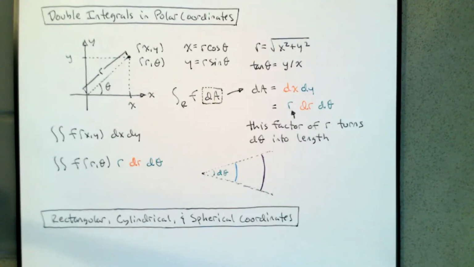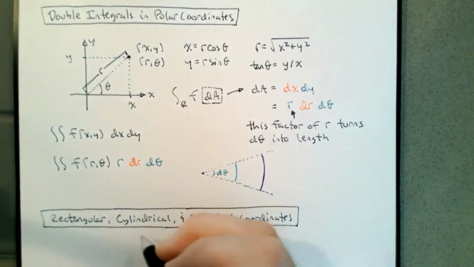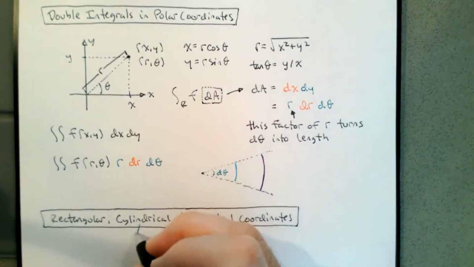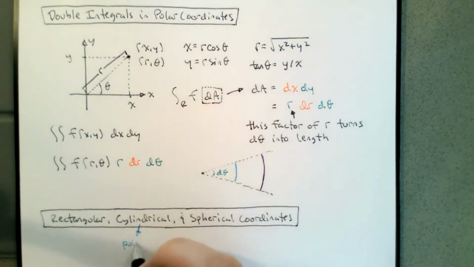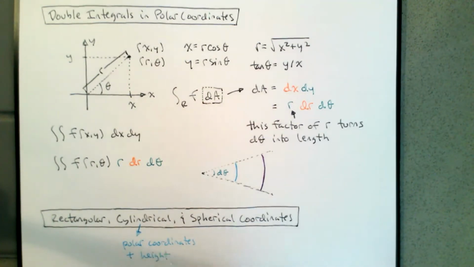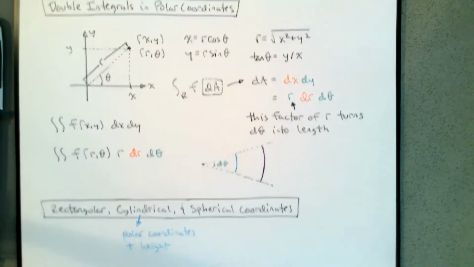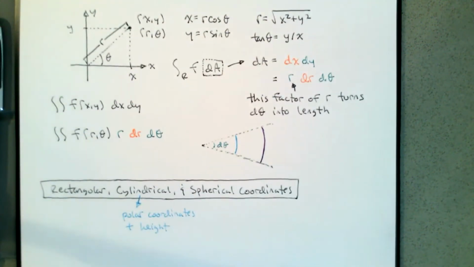Cylindrical coordinates are just polar coordinates plus height. So where rectangular coordinates use a floor of x and y and then put z on top of it, cylindrical coordinates just use a floor of r and theta and put z on top of that.